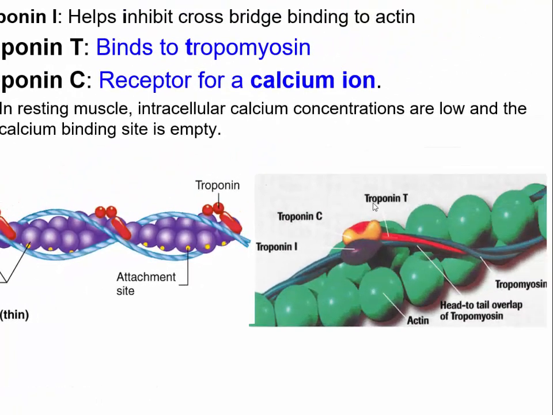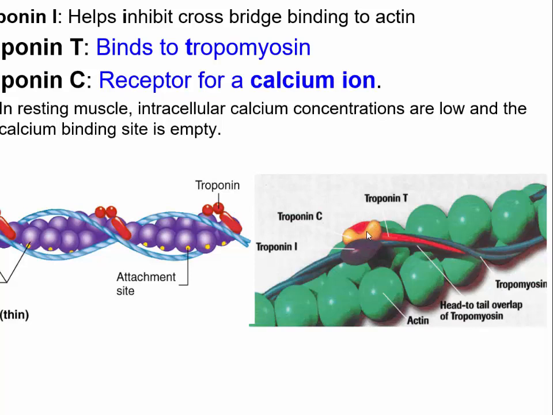So shown here is troponin T binding in with the tropomyosin. And that troponin T, the T is for tropomyosin. Troponin C, C stands for calcium. This is a part of the troponin molecule shown here and shown here where calcium is going to bind.